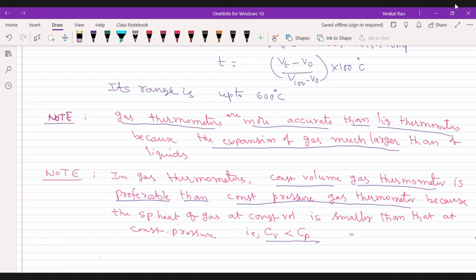The corresponding temperature is called the triple point. It is a unique value.